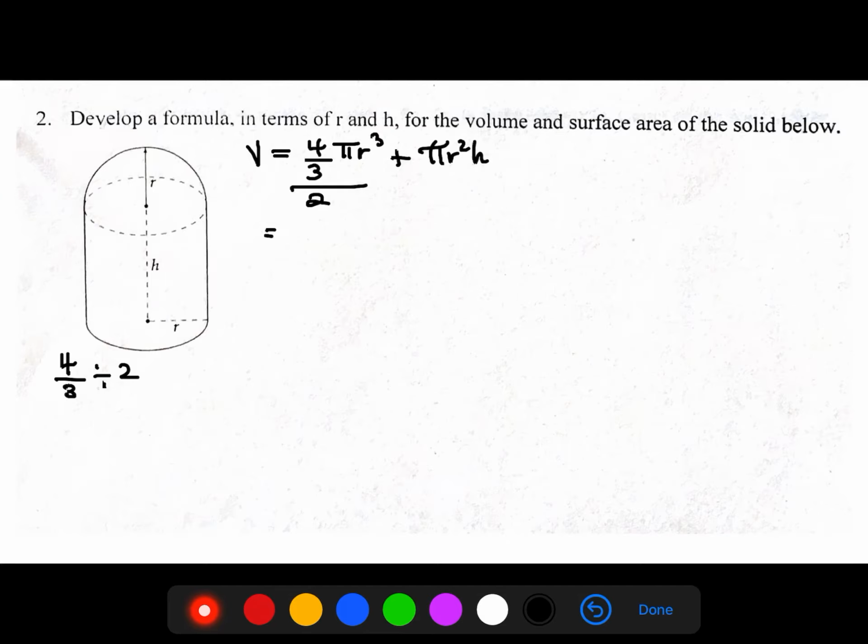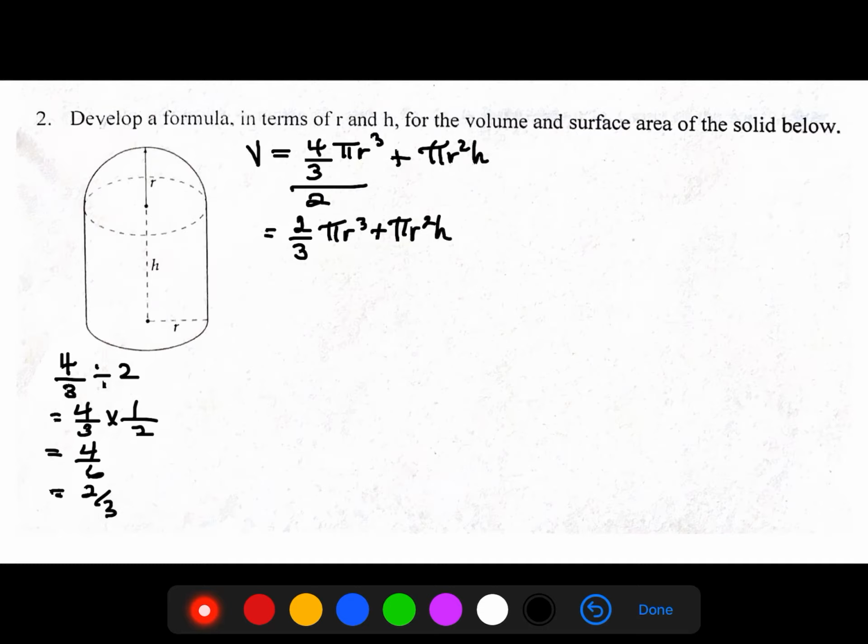Now, over here, we're going to just make sure and figure out exactly what 4/3 divided by 2 is. Well, remember we can't divide fractions, so we're going to make that 4/3 times 1/2, copy, flip, flip, and we get 4/6, which simplifies to 2/3.